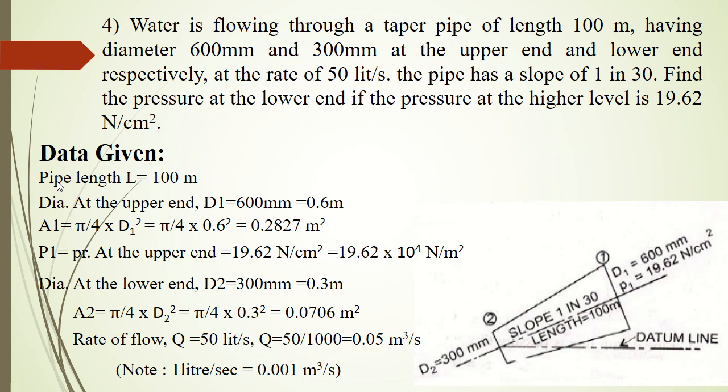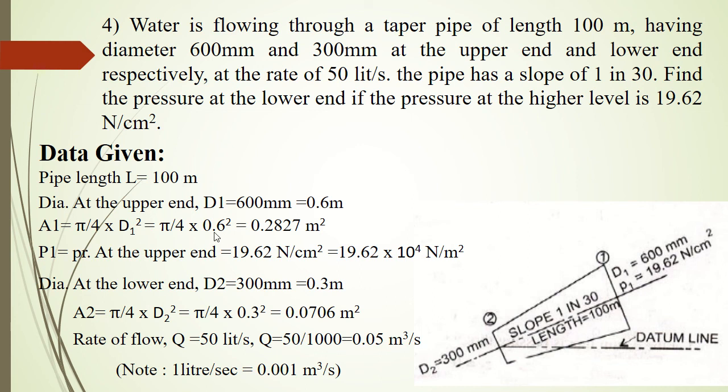So the length of the pipe is 100 meter. The diameter at the upper end, d1, is 600 mm, so it becomes 0.6 meter. It is routine: once I know d1, I should calculate A1. A1 is pi by 4 d1 square.